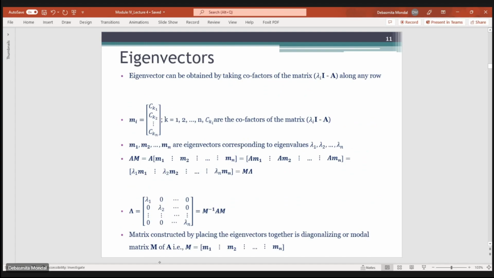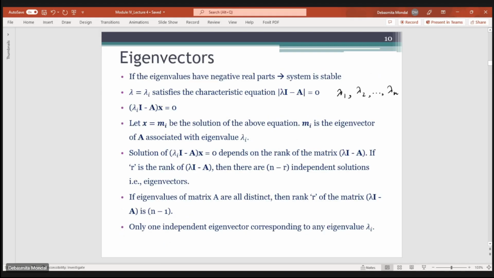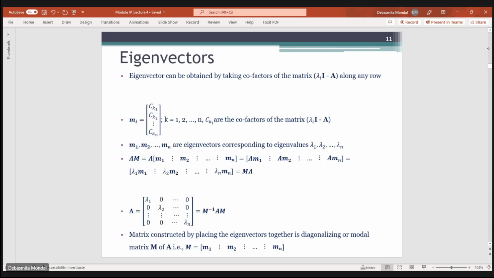Okay, and how do we find the value of this eigenvector mi? Eigenvalues you can find simply by solving the equation: determinant of lambda I minus A equals 0. Okay, and from the eigenvalues you can find the eigenvectors using this equation. Eigenvectors can be found by taking the cofactors of the matrix lambda i I minus A along one row.